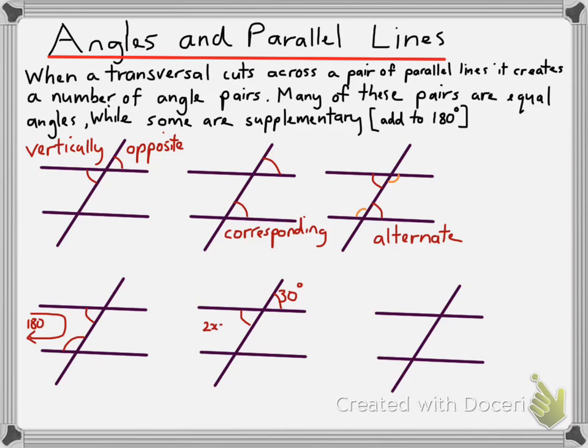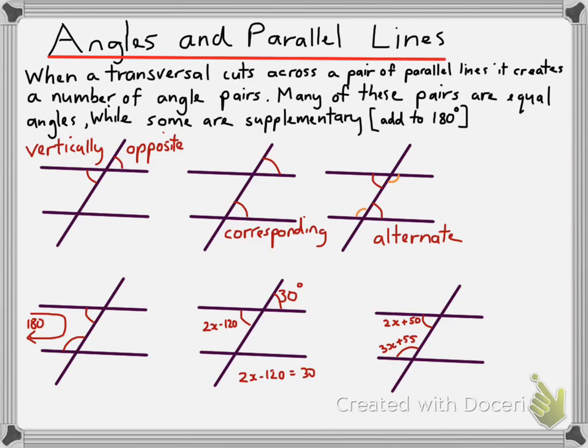Let's look at some examples now, and let's introduce a bit of algebra. Looking at our first example down here, we have some vertically opposite angles. Now that we know they're equal, we can write an equation that says that 2x minus 120 must be equal to 30.